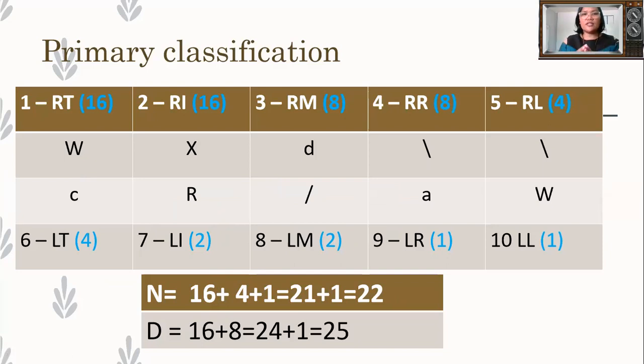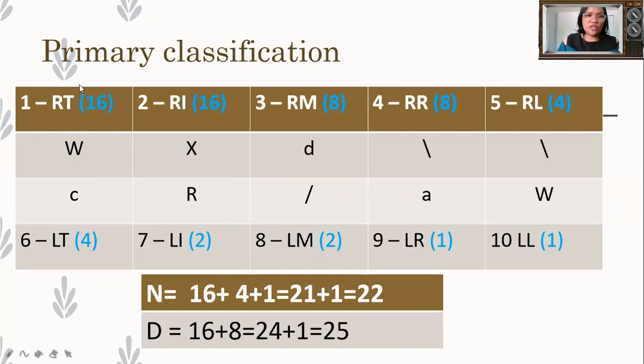The rule is that for primary classification, we consider the total, or the summation, of all the numerical values that are assigned to the whorl patterns, such as plain whorl, central pocket loop whorl, double loop whorl, and accidental whorl. And you have to consider the numerical value that is assigned to every finger.